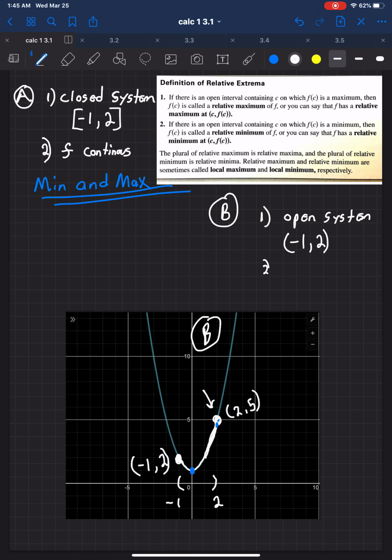But of course, the function was still continuous. So we're going to make a claim that if you meet the qualifications of a closed system and a continuous function over an interval, you're going to be guaranteed a minimum and a maximum.